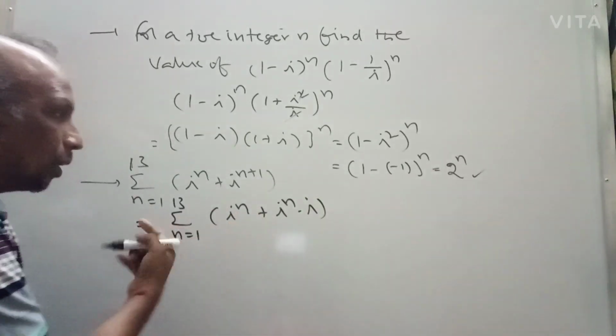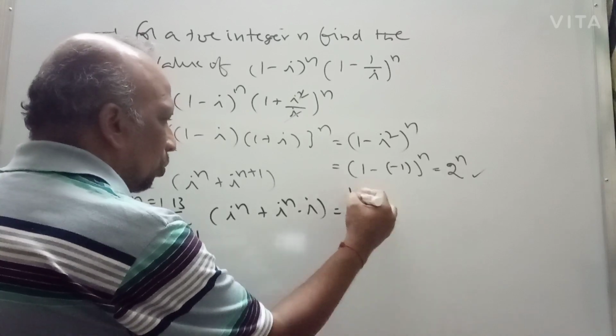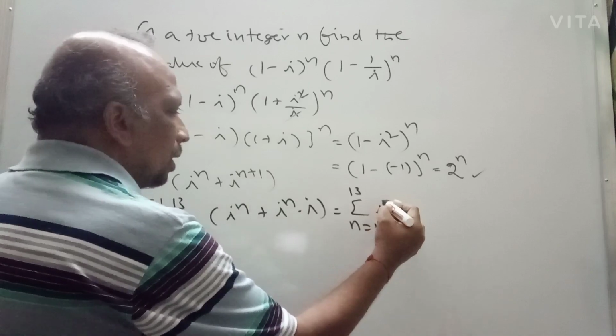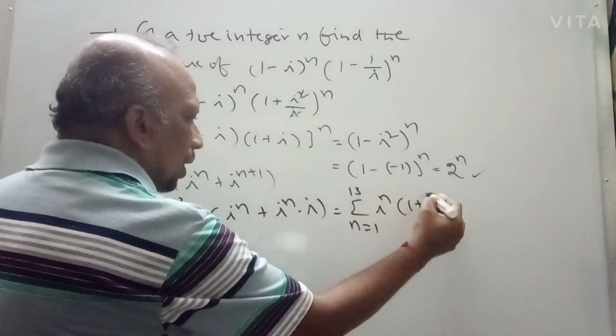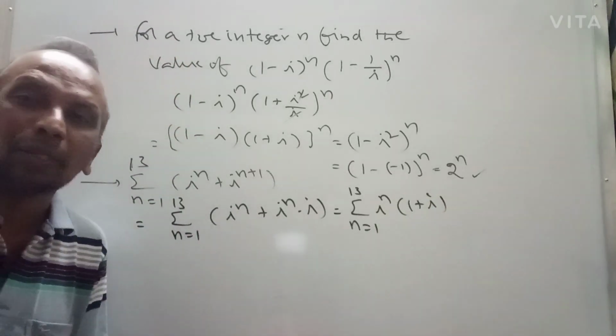I can take i power n common. So you will get 1 plus i. Just I have taken i power n common, it will come 1 plus i.